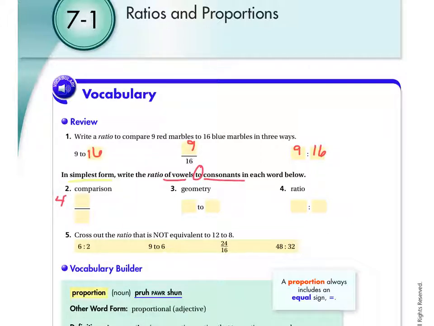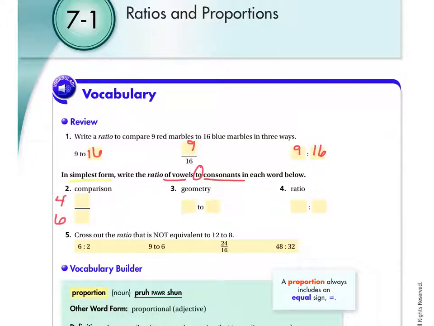That means your vowels are going to go in the numerator and your consonants are going to go in the denominator. And typically, you'll see me writing ratios as a fraction because it's easier to reduce it when it's in fraction form rather than when it's in "to" form, like number 3, or in that colon form, like number 4. So that leaves us with 1, 2, 3, 4, 5, 6 consonants.